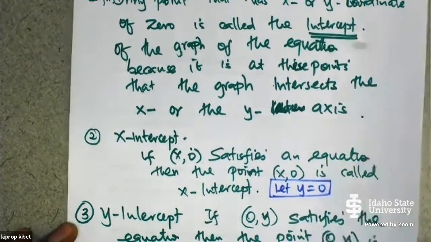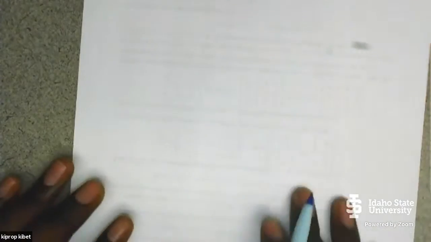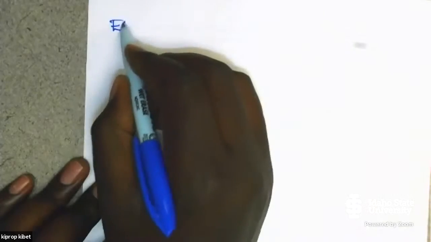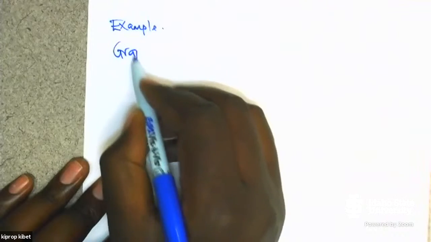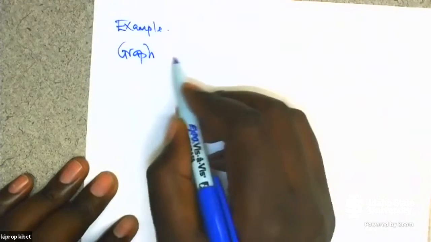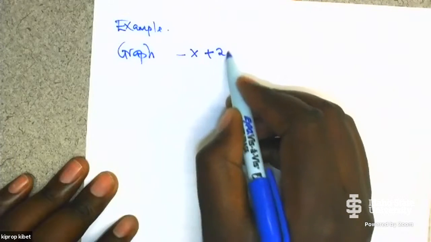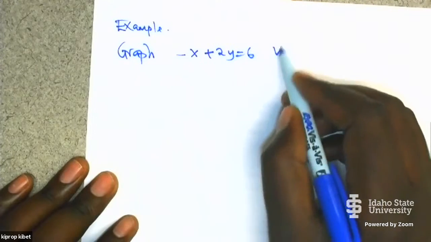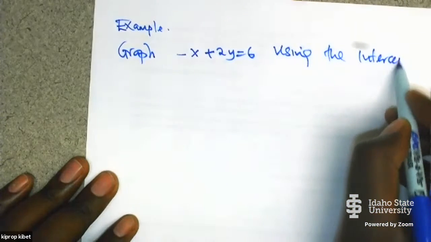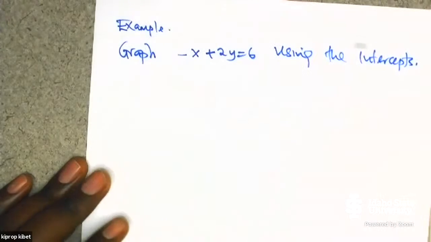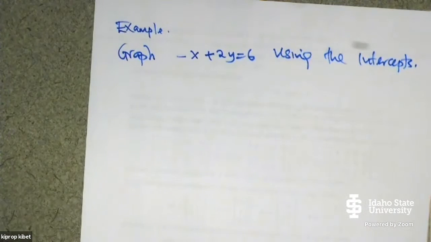Example. Graph minus x plus 2y equals 6 using the intercepts.